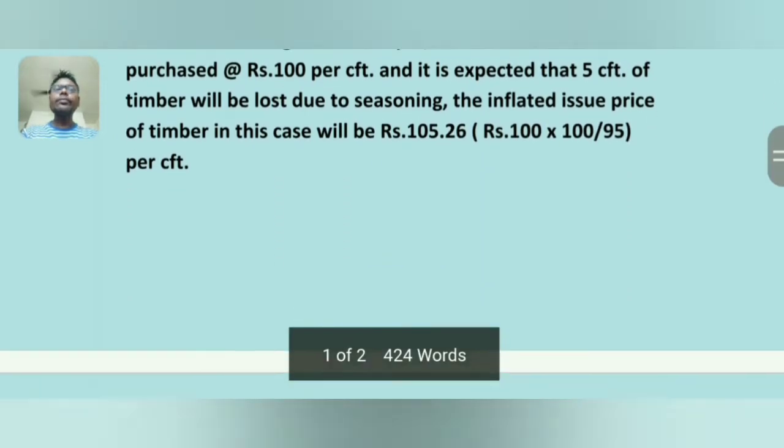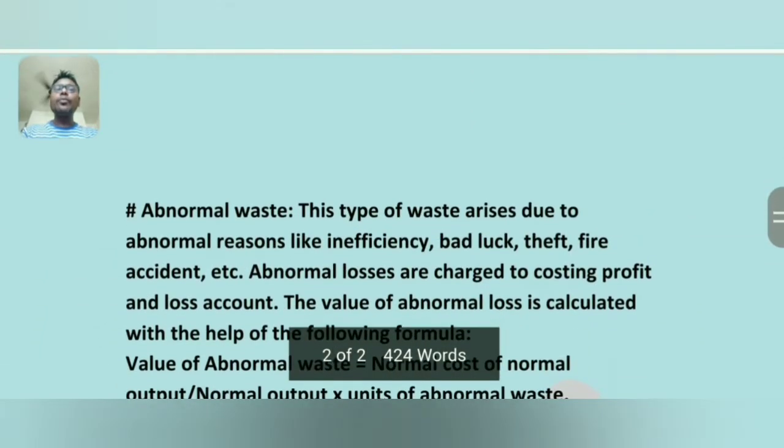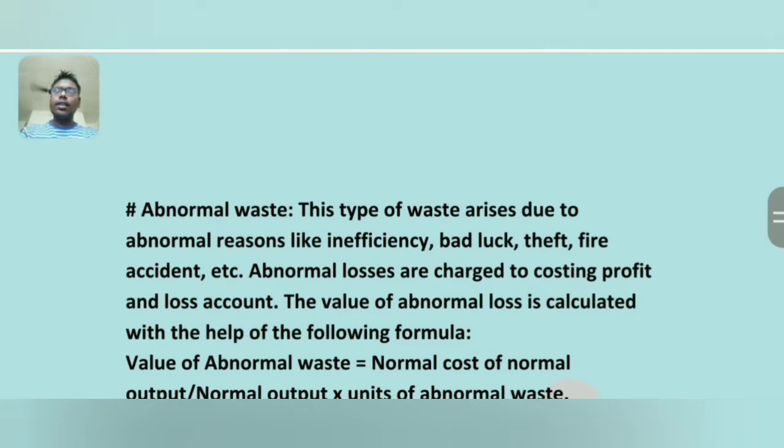Okay. Next, abnormal waste. This is also called abnormal loss. What does it mean? This type of waste arises due to abnormal reasons like inefficiency, bad luck, theft, fire, accident, etc. The abnormal losses are charged to costing profit and loss account.